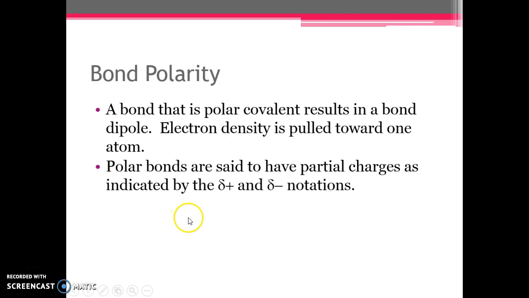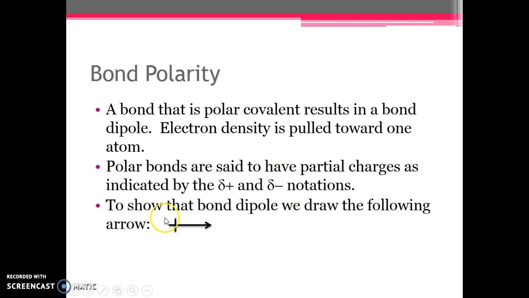If you remember, we showed that by showing that the atoms have partial charges. The less electronegative atom gets the partial positive, the more electronegative atom gets the partial negative. And then we can actually show the bond dipole by drawing an arrow where the tail looks like the plus because it's near the less electronegative atom.